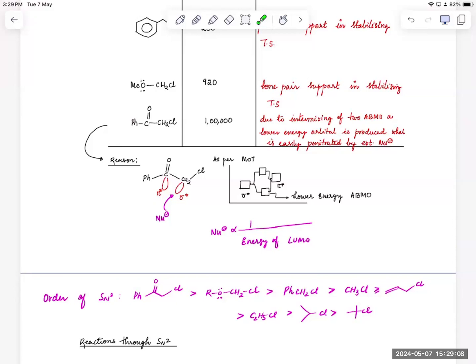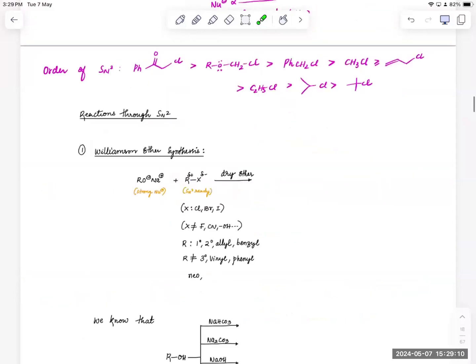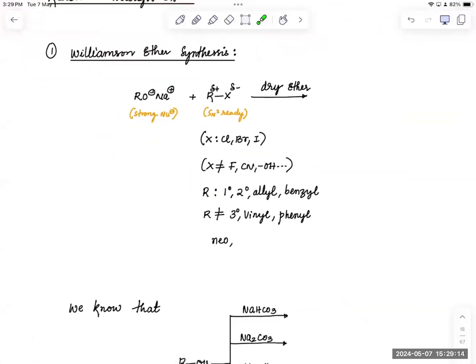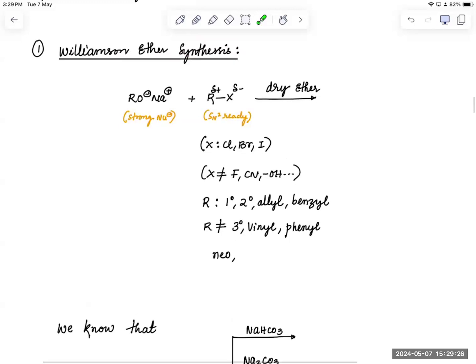Done? Right. Next, let's see what the reactions of SN2 are. First, a very famous reaction that we will see in the case of SN2 reactions is Williamson's ether synthesis. Williamson synthesis is always done by alkoxides, that is RO minus.